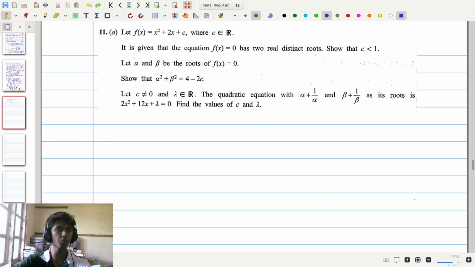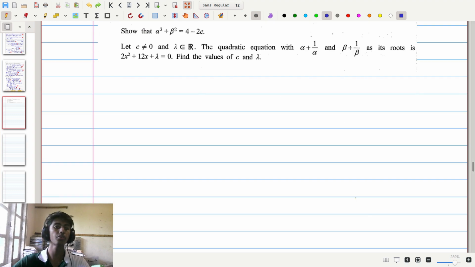So to start off with this question, the first thing you need to do is to consider the function f(x) equals x squared plus 2x plus c. Consider f(x) equals 0 and use the information that f(x) equals 0 has two real distinct roots in order to show that c is less than 1.